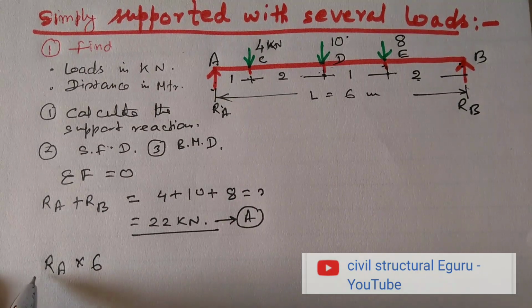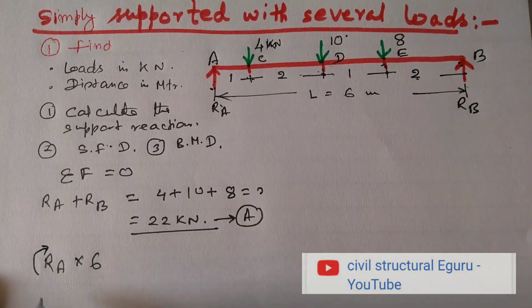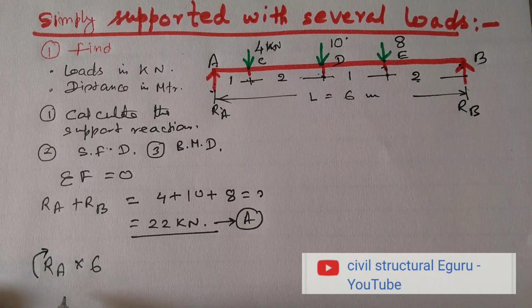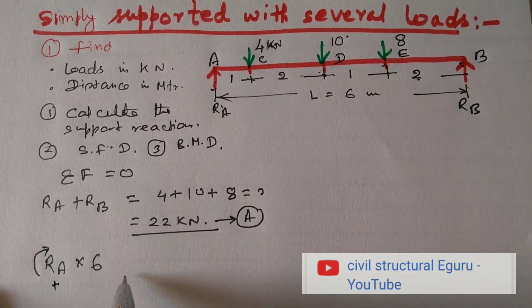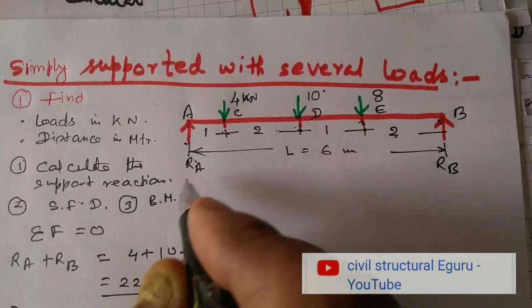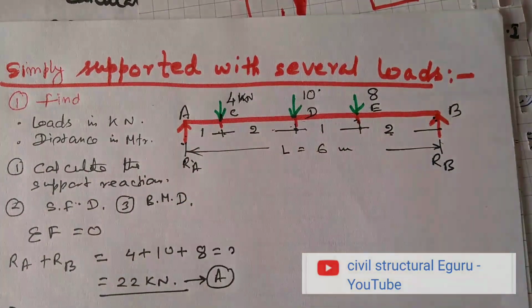This is clockwise, and a sagging moment will be created. So this is positive, and this one, 4, is minus.